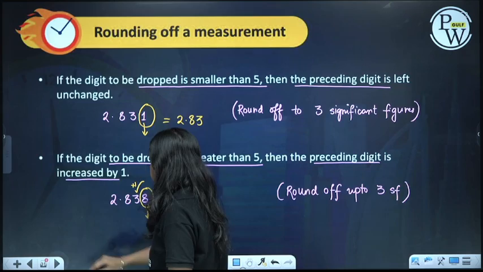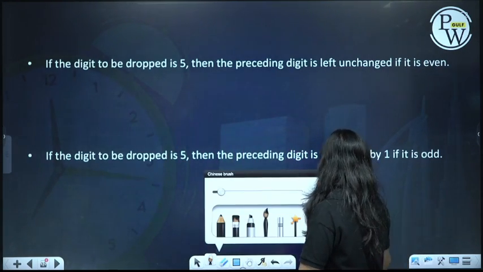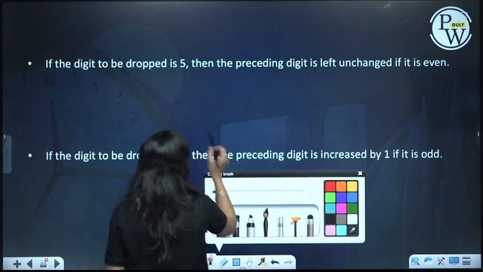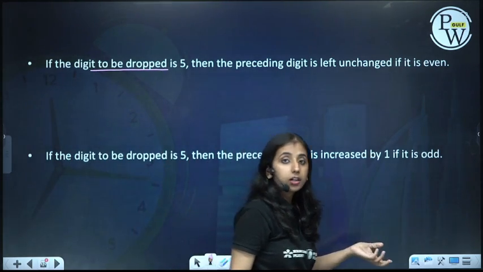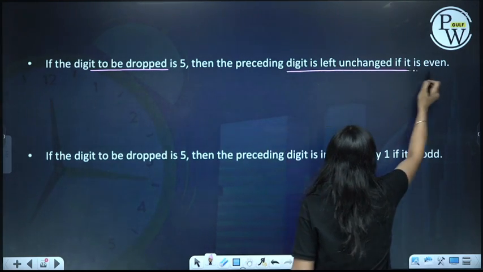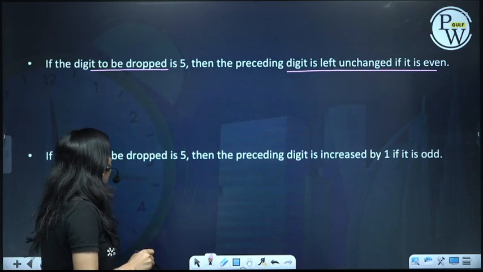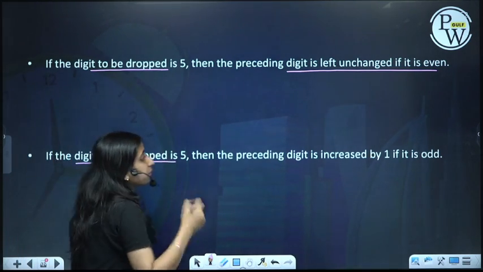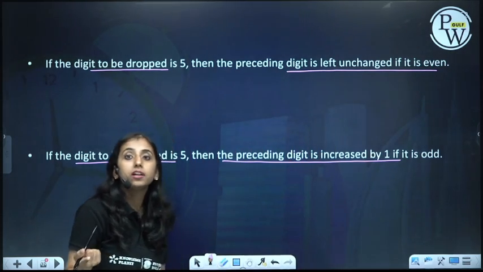Next rule: if the digit to be dropped is 5, then the preceding digit is left unchanged if it is even, and it is increased by 1 if it is odd.